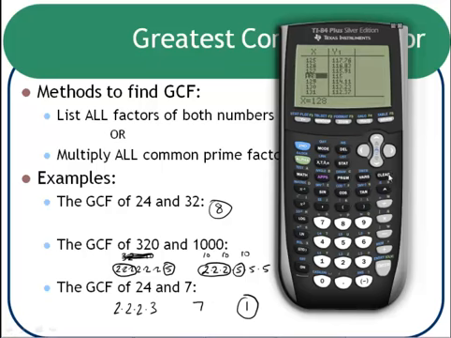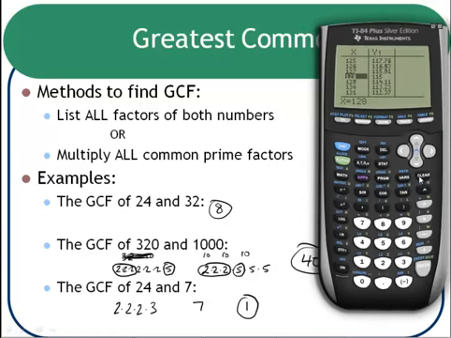So bring it up here, and to find the greatest common factor on a calculator, it's very easy to do. Let me quit to get to the normal screen. And greatest common factor is hidden in the math menu. If you hit the math button, over to number, and then down in this list, there's an option here that says GCD.